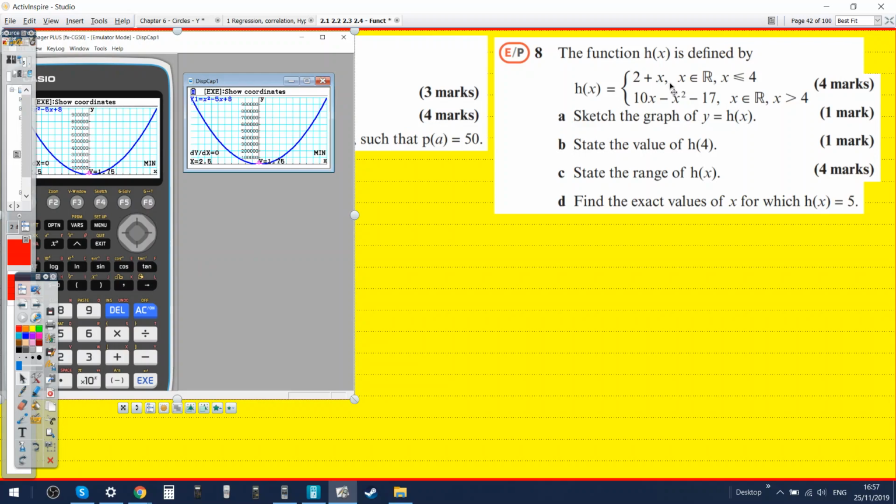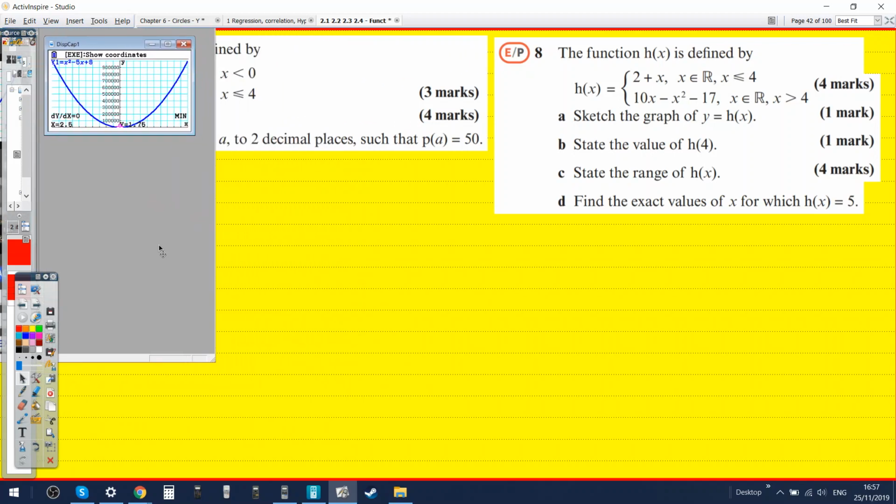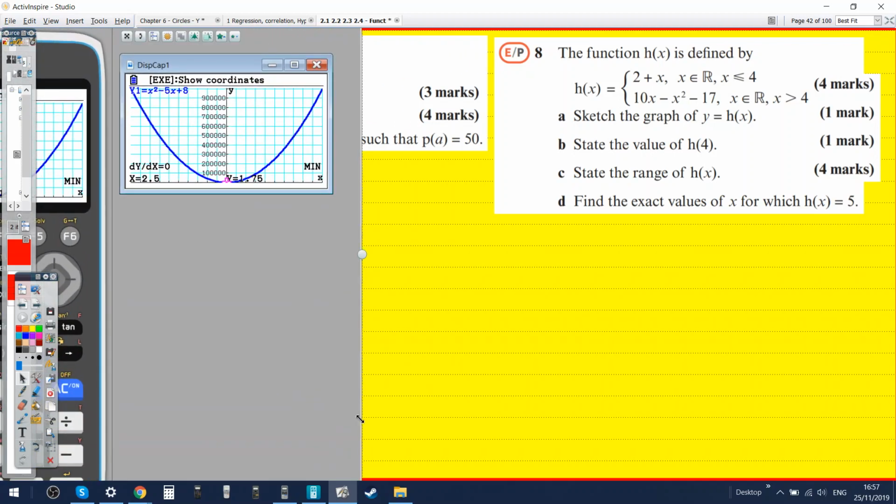Well, what is it when x is 4? It's 6. Okay, and so how would you sketch just y equals 2 plus x in general? What would it look like? It's a straight line. Yeah, and it's usually something like that.